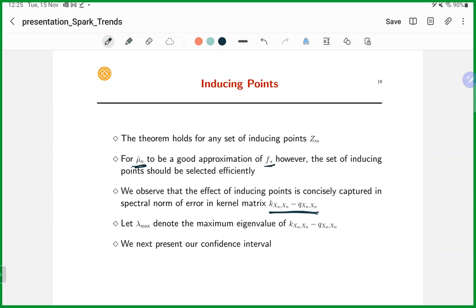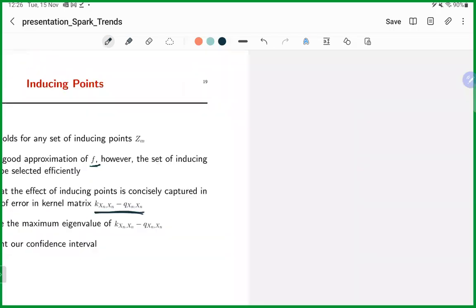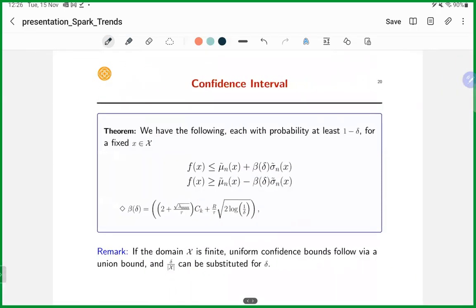So if lambda max is the maximum eigenvalue of this error in the kernel matrix, then we can use this to bound the prediction error. And this is basically our theorem.